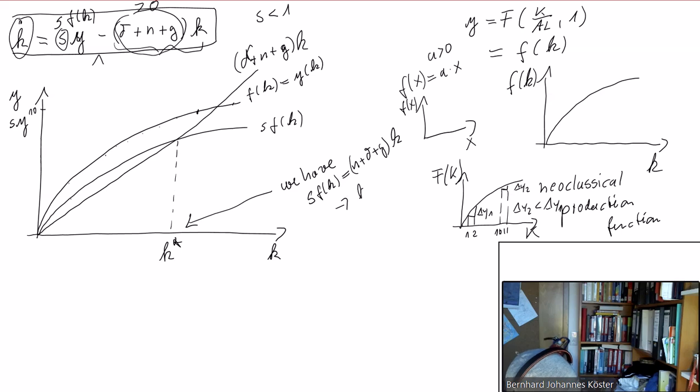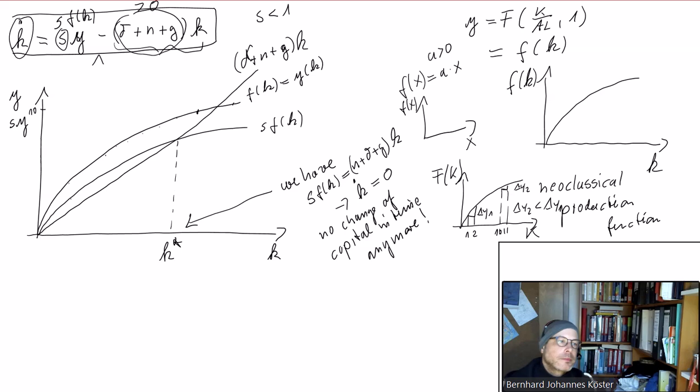This means k dot equals 0, no change of capital in time anymore. And this is therefore called the steady state.